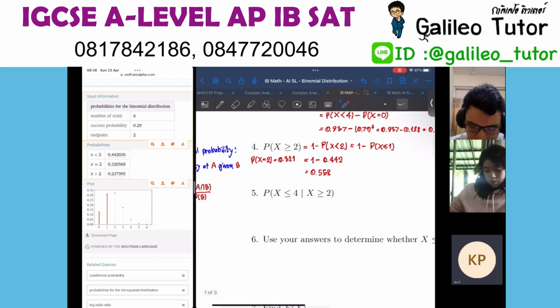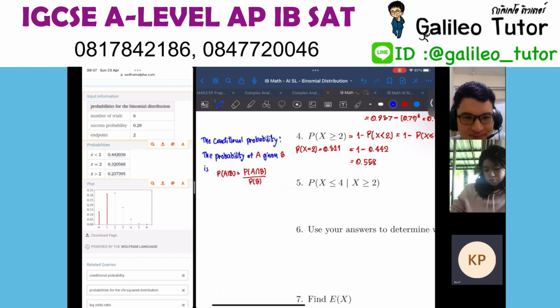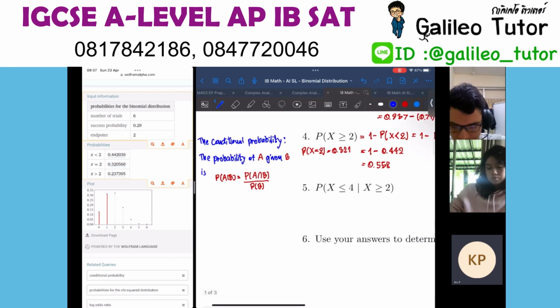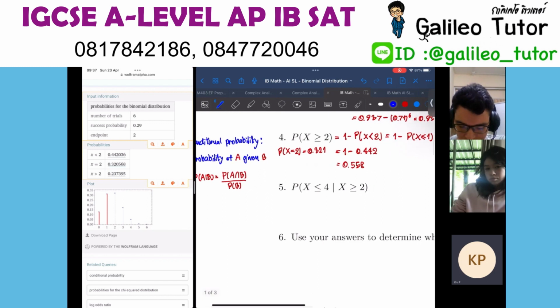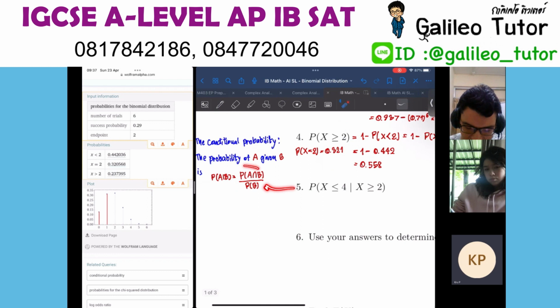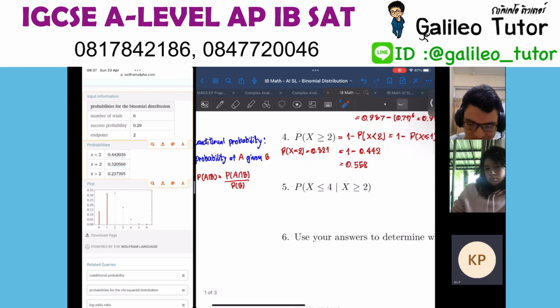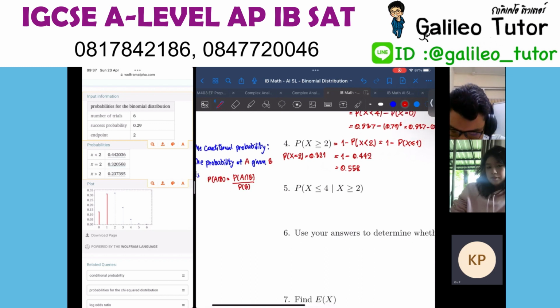Okay, share your screen. Yep. Right, we got this. So, according to this formula, conditional probability, what is this probability? What is it? I need to find.